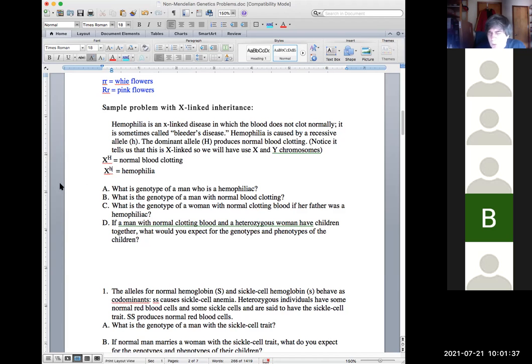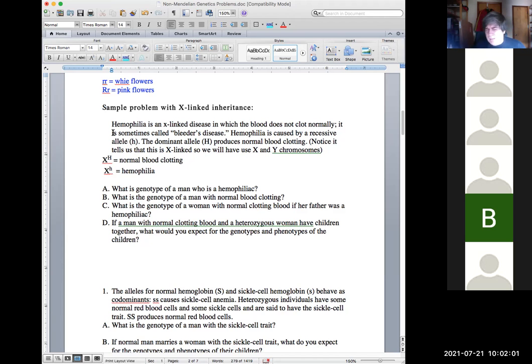He'd probably have to come from a wealthy family so that he never had to do physical labor. But your mother would never have hemophilia, because for a woman, if she has hemophilia, she would bleed to death when she reached puberty. So sometimes we have genetic diseases that affect the two genders differently.